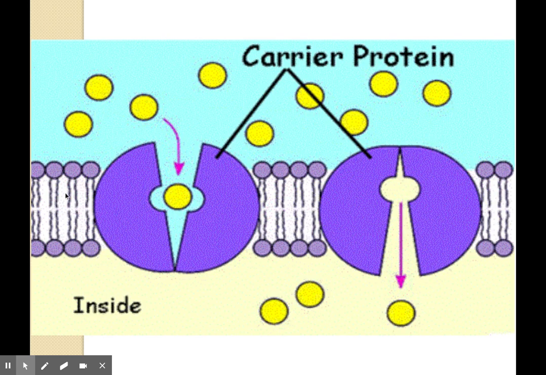Here we have the lipid bilayer, that very recognizable double layer of lipids. And we have a substance that needs to get through, but it's too large to get through the cell membrane on its own. It cannot diffuse through a membrane. So the double-doored gate will open at one end, and if something that does belong enters the gate, then the first gate, the top end, will close and the bottom end will open, and the substance that the cell wants can enter the cell.